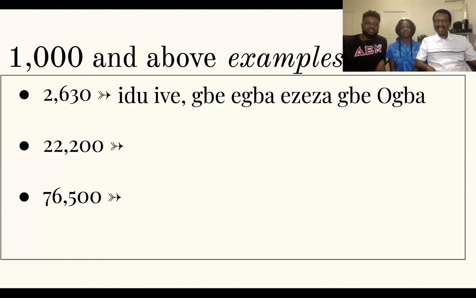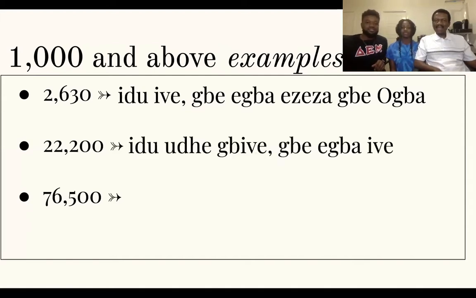So remember, Idu is 1,000, Ive is 2, then Be, that is and, Egba, that is 100, Iziza 6, Be Ogba 30. So that is how it works. Remember, it follows the exact same pattern as before. We're just adding on the 1,000, and the comma goes in the exact same place it would go in English. So right after the 2,000.